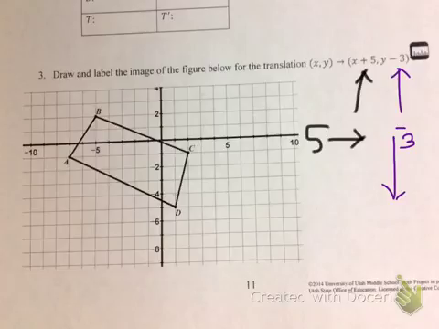So all we're doing is shifting that over, right? 5 over, 3 down. So how should we do it? Can't we just move over 5 and go down 3? Put a dot. That's C prime. Where's D prime? Right there.